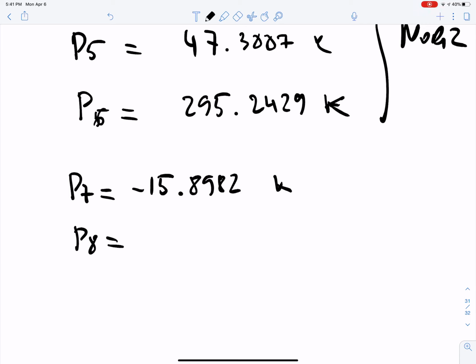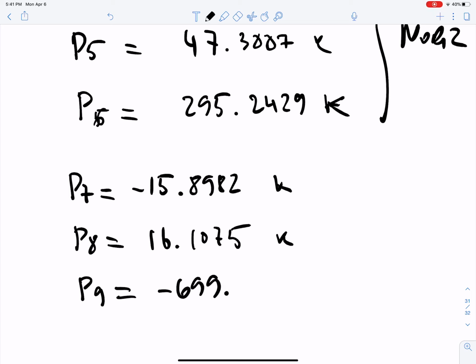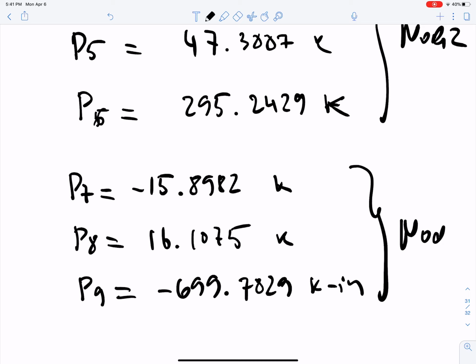P8 is 16.1075 kilopounds, and the moment P9, okay, is minus 699.7829 kilopounds per inch, and that data is at node 3.